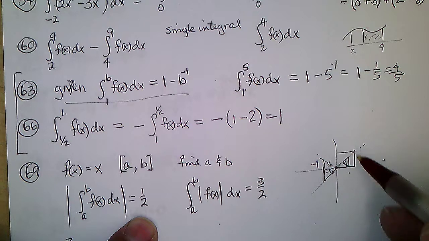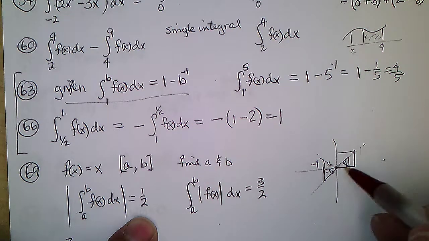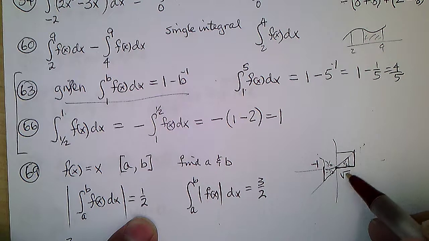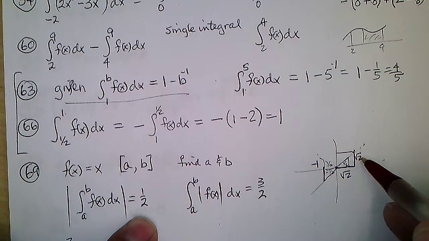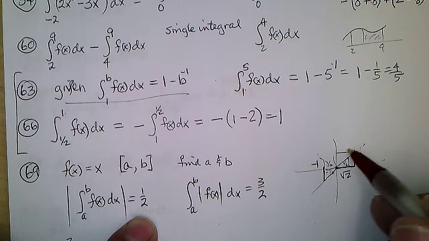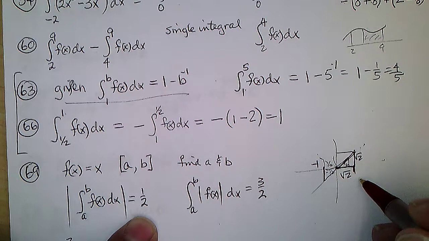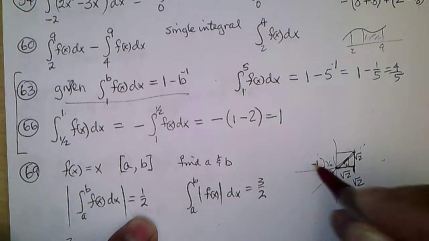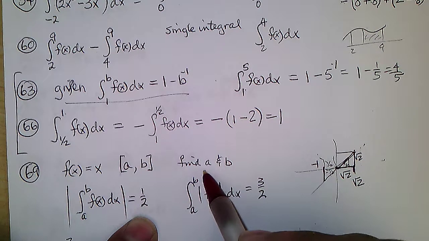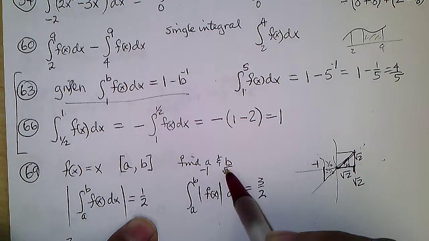So to have an area of 1, the area of this would have to be 2. And so each side would be the square root of 2, so that the area of the square is 2, and the area under it would be 1. So this would be square root of 2, and this would be minus 1 to the square root of 2.